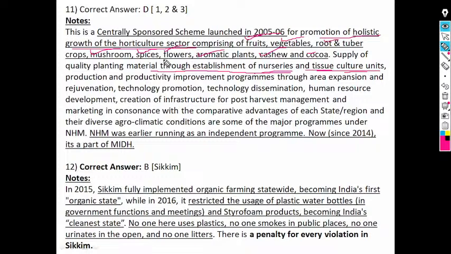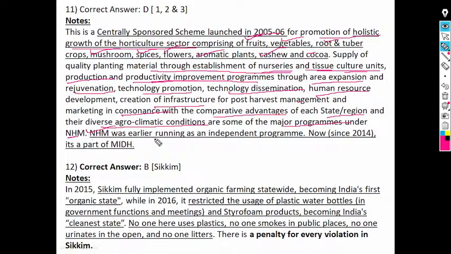Production and productivity improvement programs through area expansion and rejuvenation, technology promotion and dissemination, human resource development, creation of infrastructure for post-harvest management, and marketing, consonant with the comparative advantage of each state or region and diverse agroclimatic conditions, are some of the major programs under the NHM.